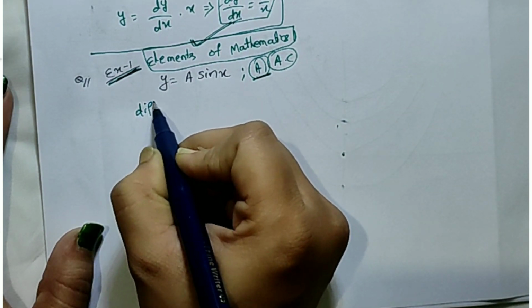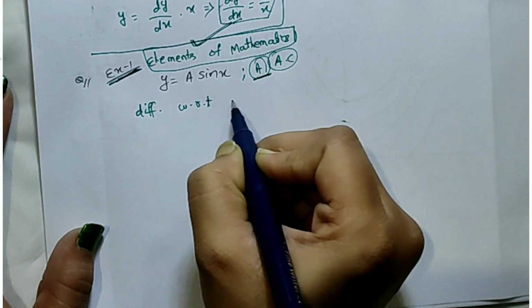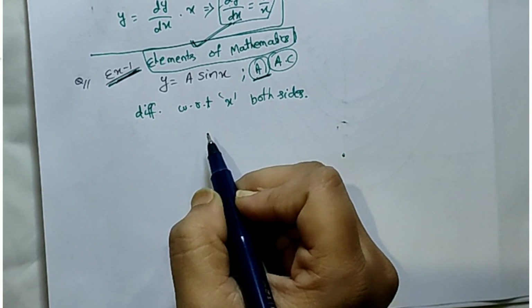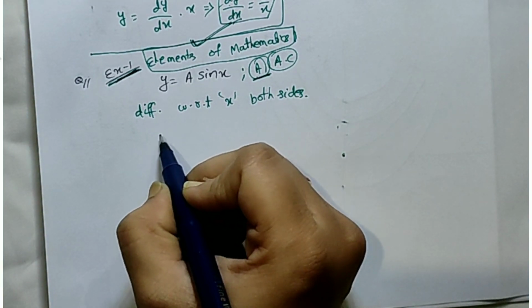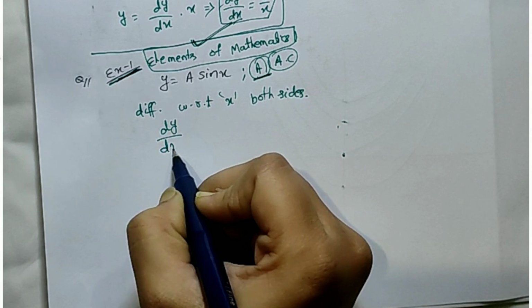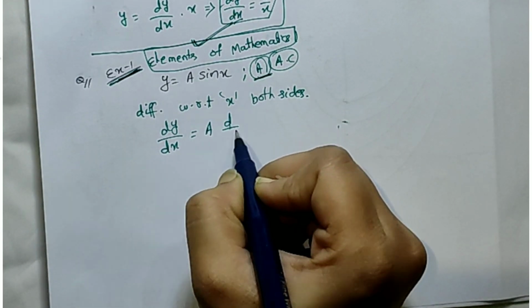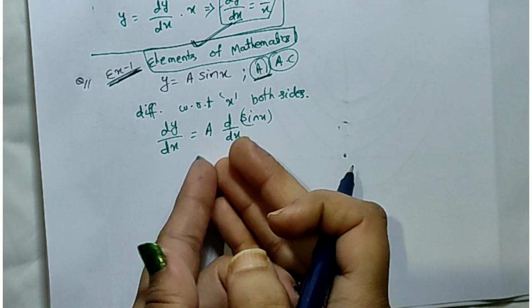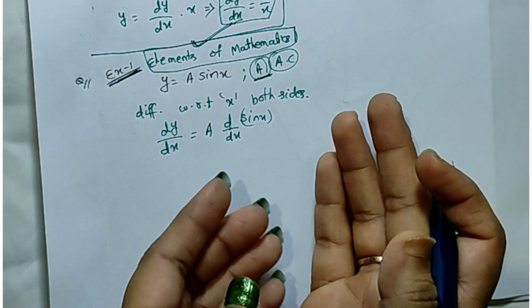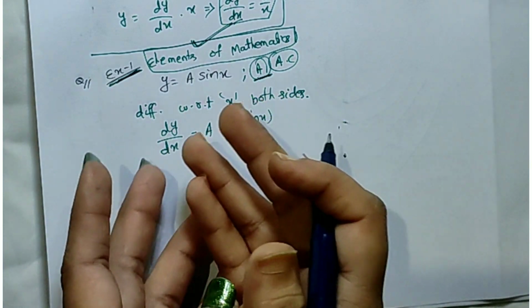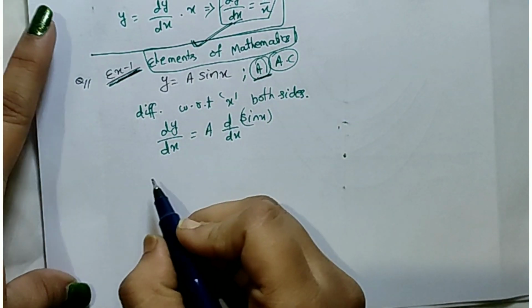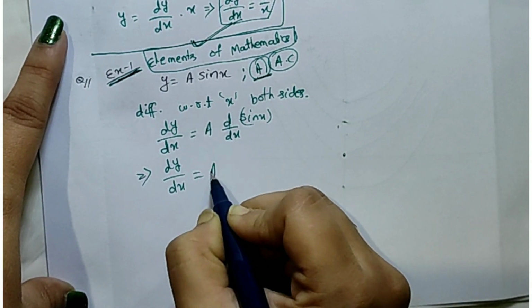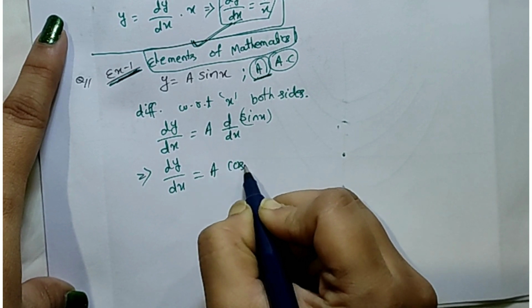First, differentiate with respect to x both sides. dy by dx is equal to a d by dx of sin x. A is the arbitrary constant, so I can put this a before the differentiation sign. This implies that dy by dx is equal to a cos x, since the derivative of sin x is cos x.